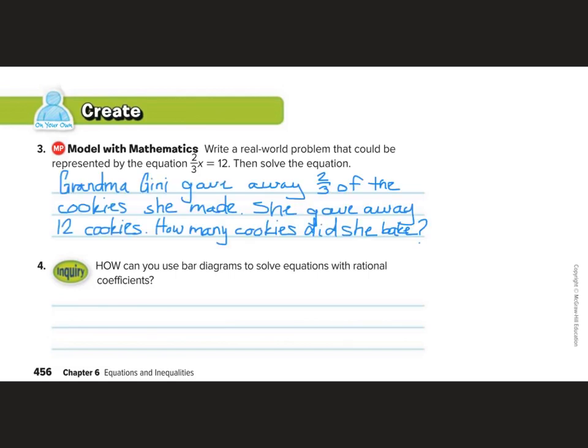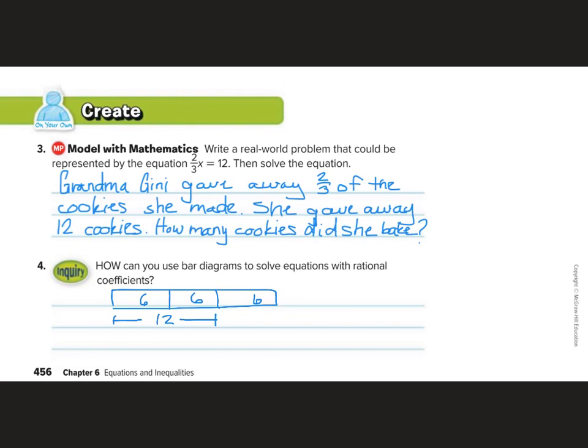Number 4 says, How can you use bar diagrams to solve equations with rational coefficients? I'm going to use the example from number 3 to explain. So if I were to break the total cookies into 3 pieces, I know that Grandma Ginny gave away 12 cookies, and that was 2/3 of the total. 12 divided by 2 is 6, so each of these is worth 6.